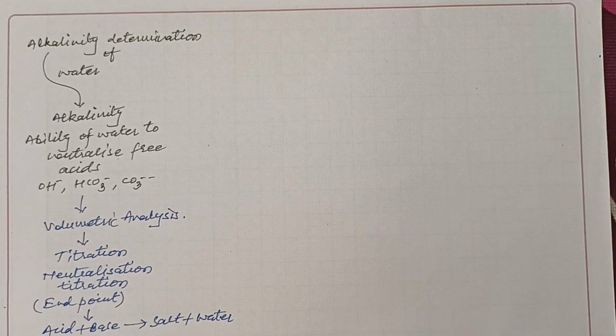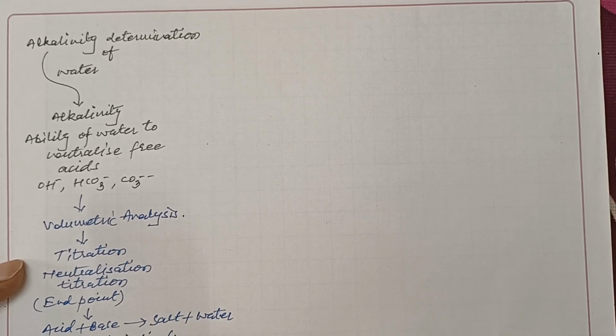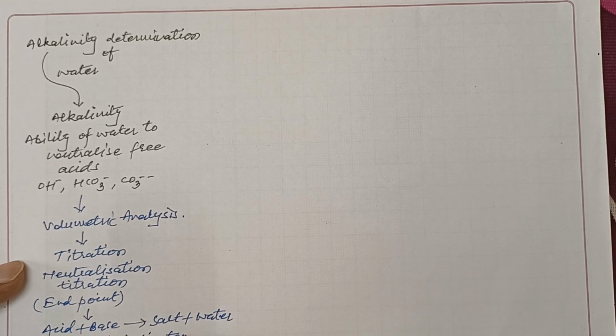When this reaction completes in a conical flask, the change of indicator is shown. The change of indicator implies the coming of the endpoint, and this endpoint comes due to the acid base neutralization reaction. Hence this particular titration is referred to as neutralization titration.